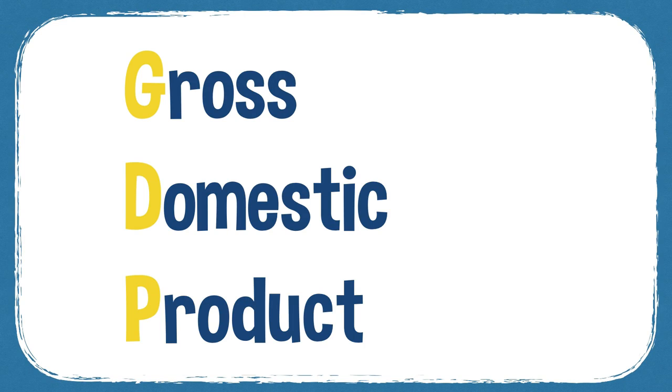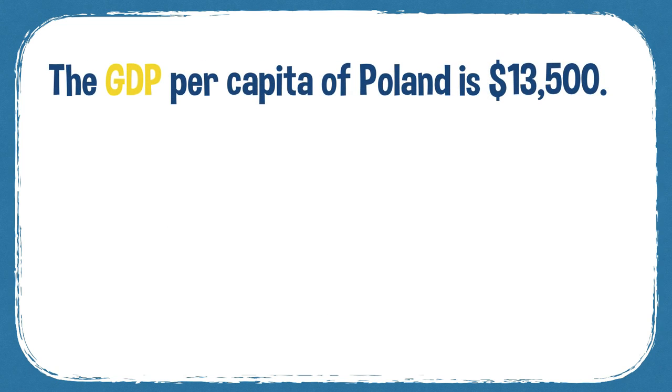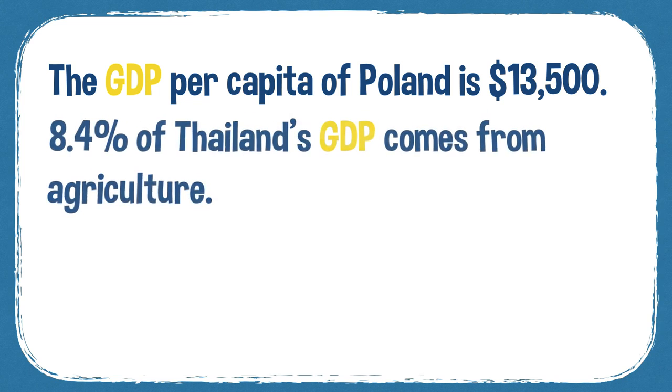So the GDP measures the total value of goods and services produced within a country in 1 year, and it's often used to compare the wealth of countries and also of the wealth of the average person in each country.